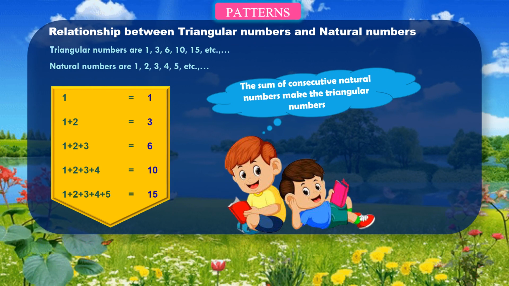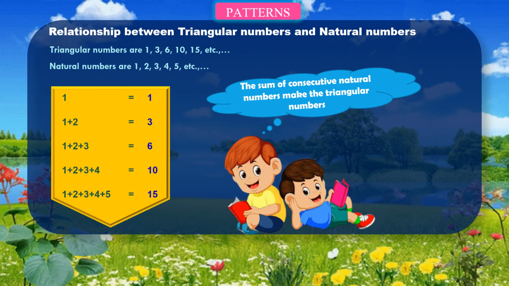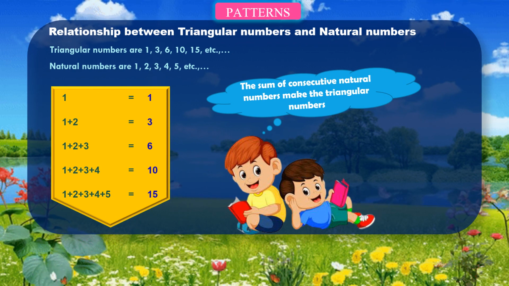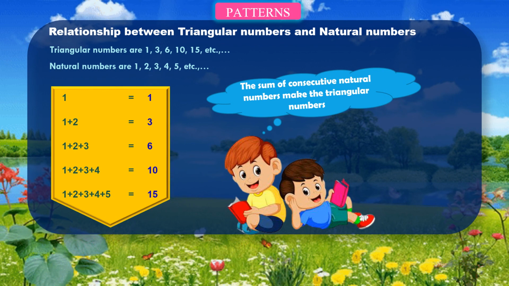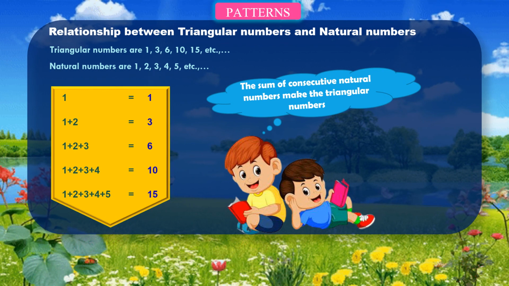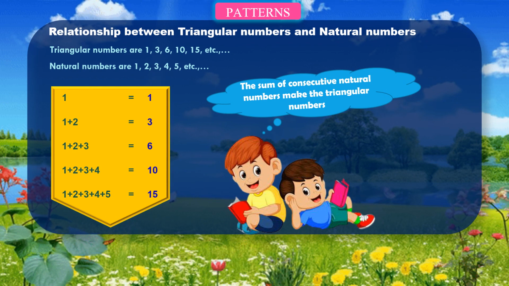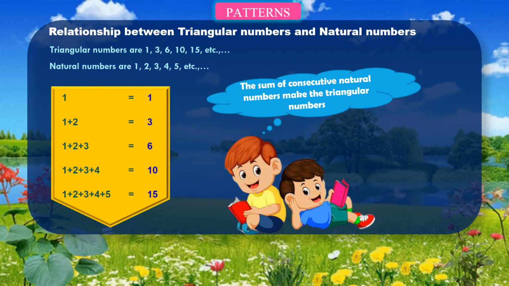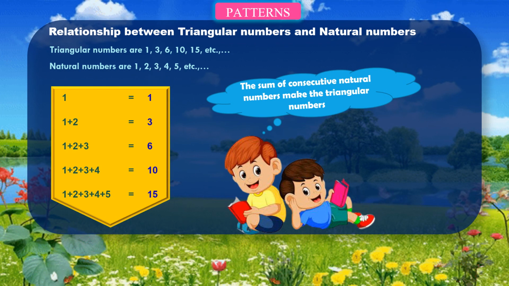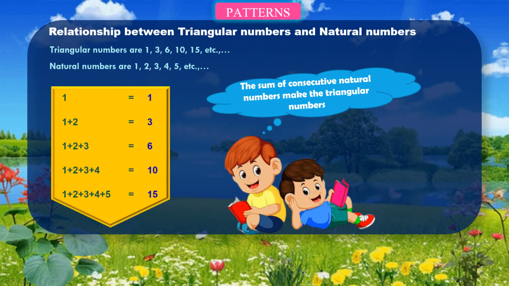If we add the first 3 natural numbers, we will get the answer 6. If we add the first 4 natural numbers, we will get 10. In the same way, if we add the first 5 natural numbers, we will get 15.